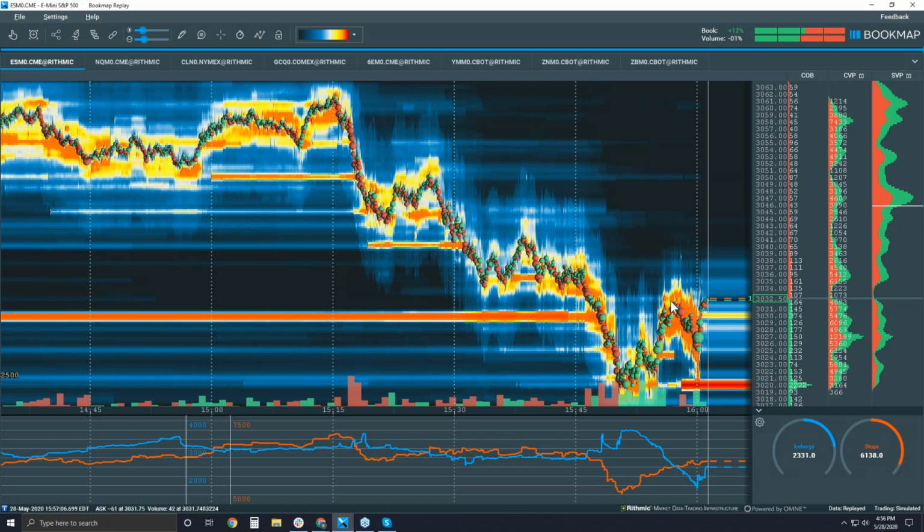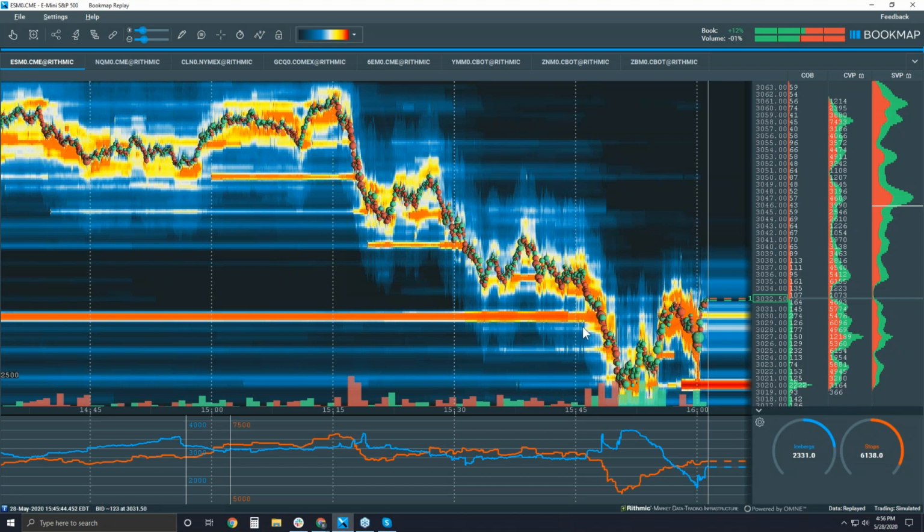Now I don't know what happened after 4 o'clock here. I would imagine it probably came up above the swing here, at least this swing, maybe even up to this swing up here. But anyway, look at the bid as well, 30-20, quite a few traders here. I mean, over 2,200 contracts down here at 30-20, right?